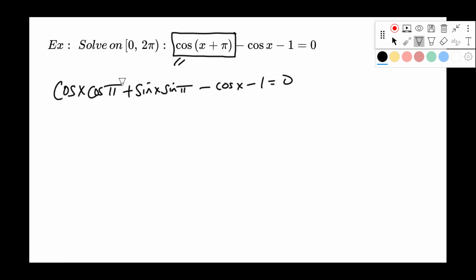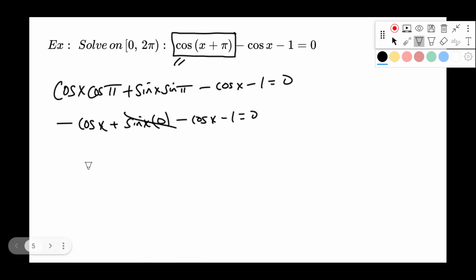Now I'm going to do some math here. Cosine pi is negative 1, so that's negative cosine x, plus sine pi, that's 0, so that's sine x times 0. All right, we'll take another step. Minus cosine x minus 1 equals 0. Sine x times 0, that's gone.